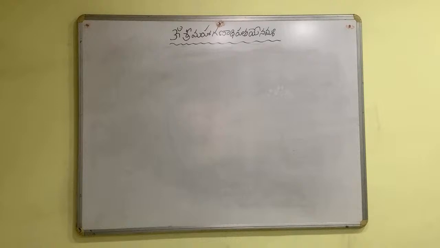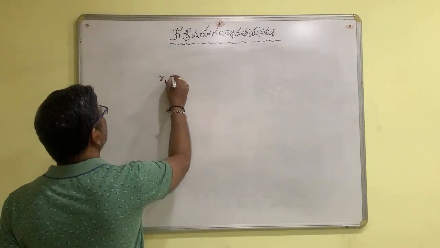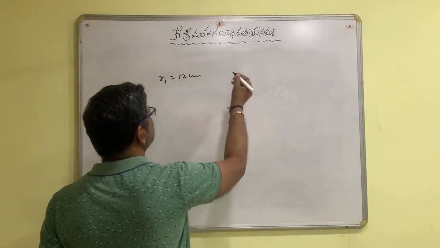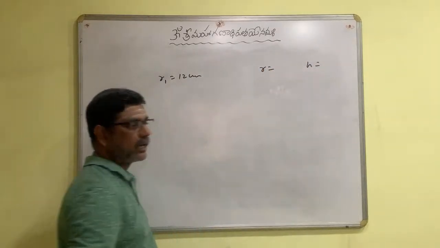How many spheres 12 centimeters in diameter can be made from a metallic cylinder of diameter 8 centimeters and height 90 centimeters? Radius of sphere 12 centimeters. Radius and height of cylinder also given.